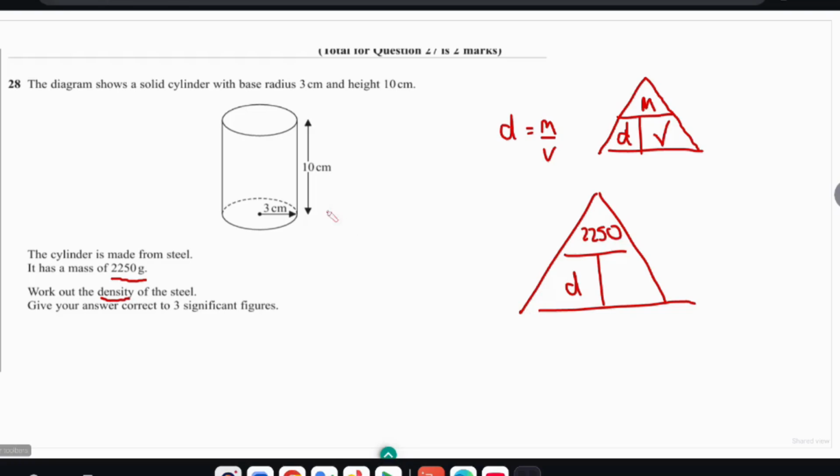Volume we don't know, but we can work out the volume of a cylinder. Formula is pi r squared h. Radius is 3. Height is 10. So pi times 3 squared times 10 is 282.74.